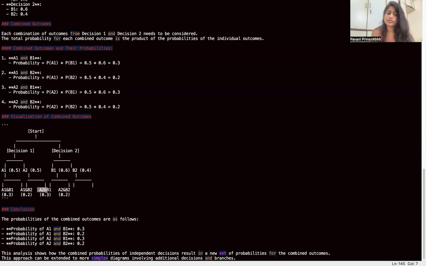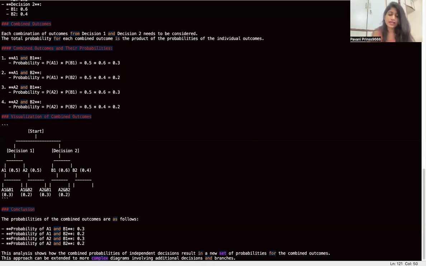A2 and B1, how much? 0.3. A2 and B2, how much? 0.2. Okay. Now what is the conclusion over here? You got the total outcome, that means the total probability they're talking about. The probabilities of the combined outcomes are as follows. Probability of A1 and B1 is 0.3. So whatever answers you got: 0.3, 0.2, 0.3, 0.2.